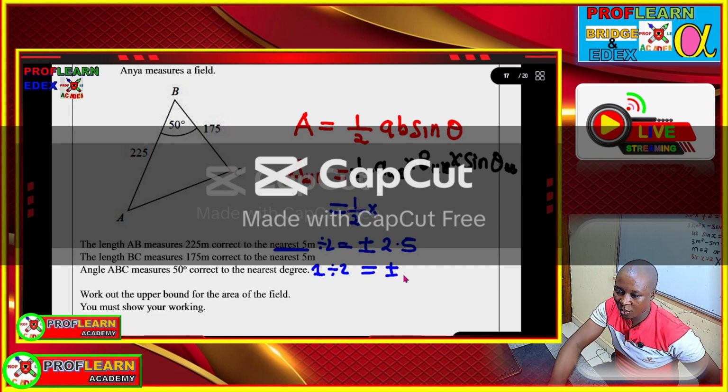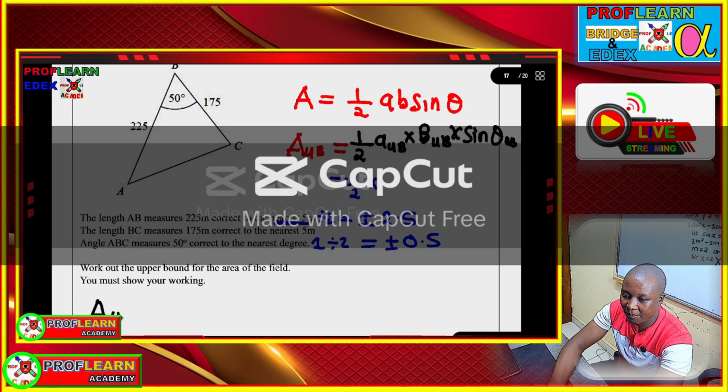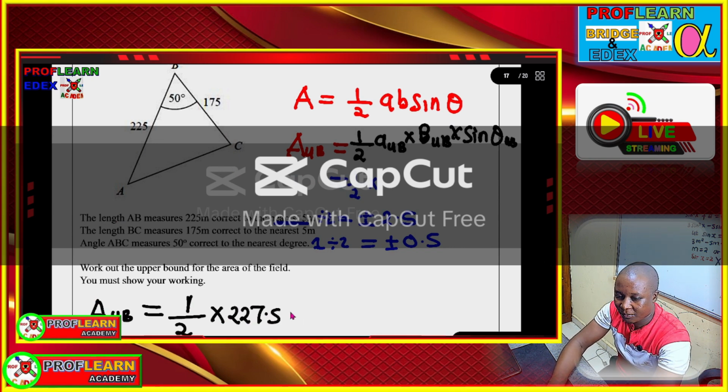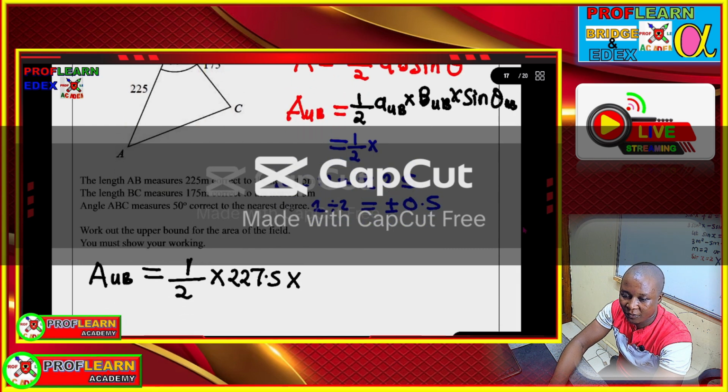Then we are going to find the upper bound of each of those. The area upper bound is going to be 225 plus 2.5, which is 227.5, times the upper bound for BC, 175 plus 2.5, which is 177.5.